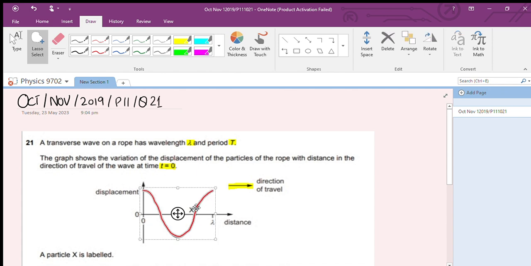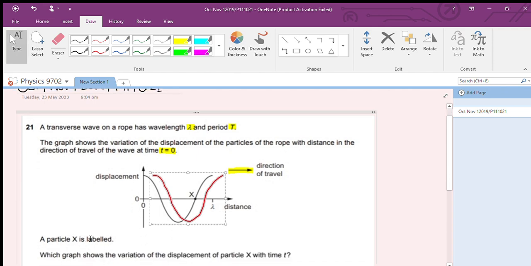Just give me a minute, like this. I'm just trying to show you how this wave will move towards right. So after a few seconds, the wave will be at this position. Just assume that.